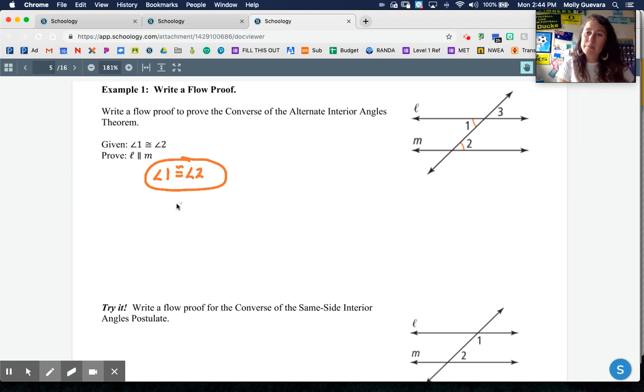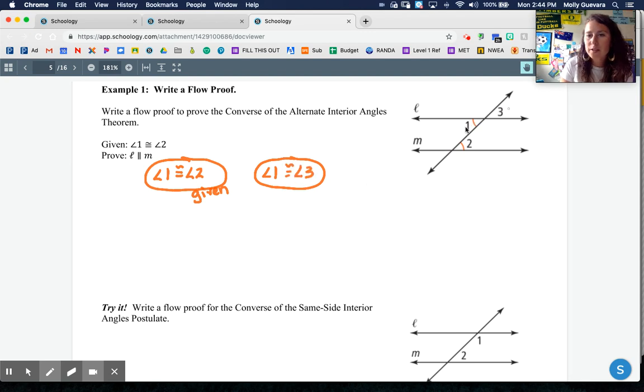So my statement goes inside, and then my reason goes outside. So that's given. Okay, so that's one thing that I know. Another thing that I notice as I look at this is that angle 1 is congruent to angle 3, right?